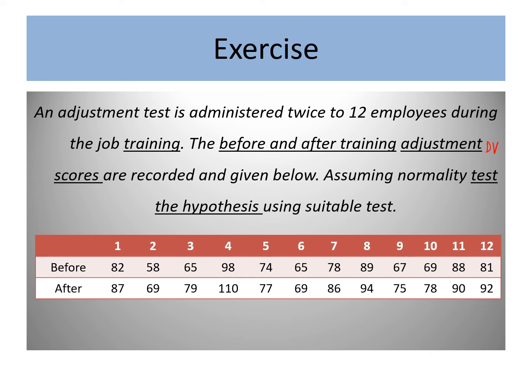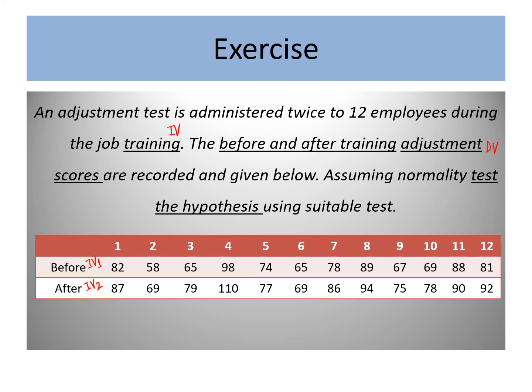And see that job training is mentioned here. So job training is the independent variable and it has two levels. What are the two levels? Independent variable level 1 is the before job training, and level 2 is the after job training.